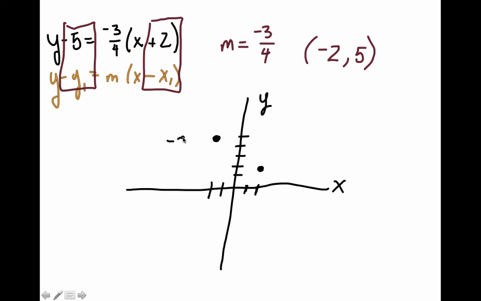So we know this is the point -2, 5. I went down 3. That means the y-coordinate here is 2. Down 3 from 5. And then I went over 4 from -2. So that tells me the x-coordinate here is 2. You don't have to label those points, but I want you to understand how I found them.